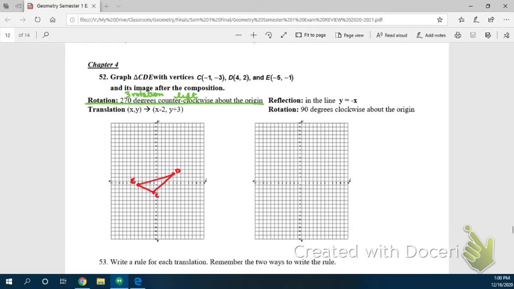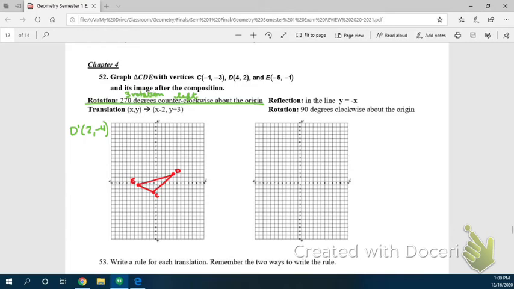Or is that 1, -5? Let's see. D is the value 2, -4. So I'm going to write that down, that my new D is 2, -4.